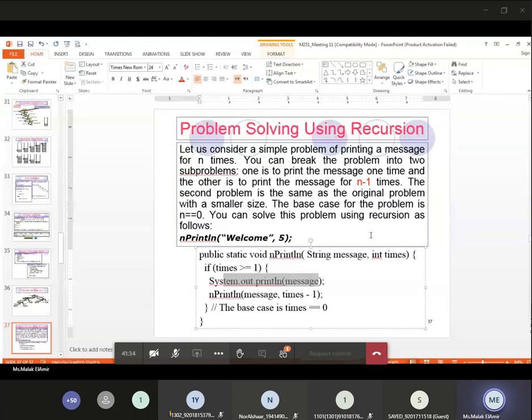Recurse again with the message and 0. Is 0 greater than or equal to 1? No. So stop and close. Is it clear?